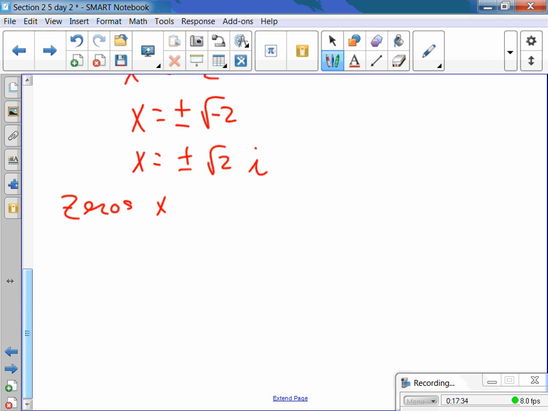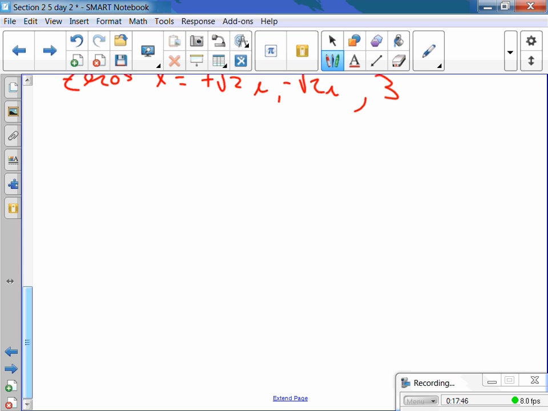are plus or minus square root of 2i, and what else? 3. If I want to write these as all my zeros, if I want to write my f of x in factored form, what does that look like?